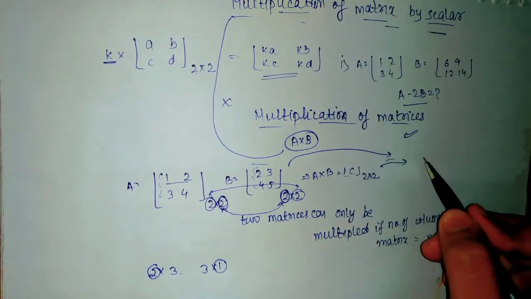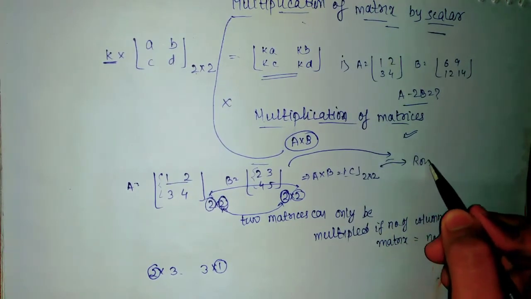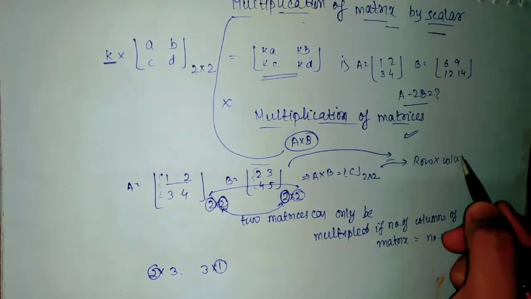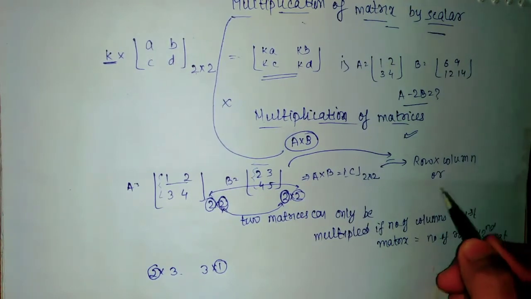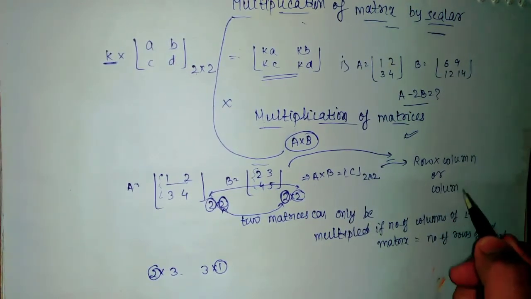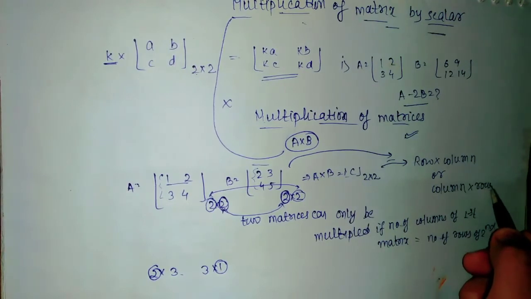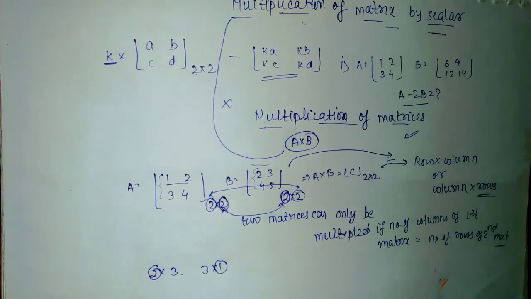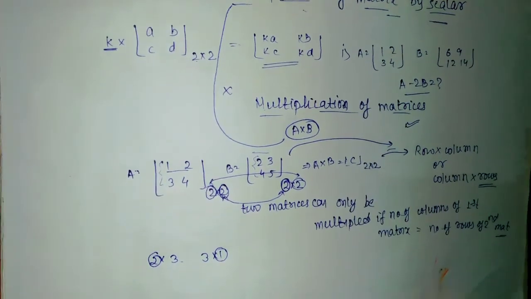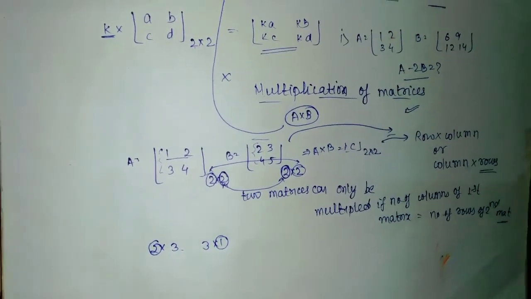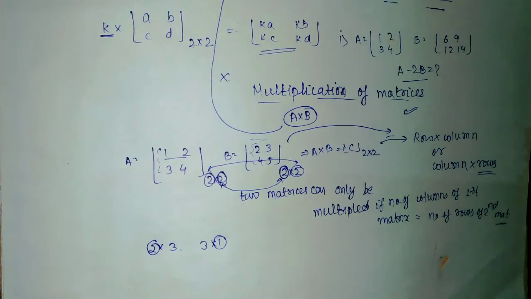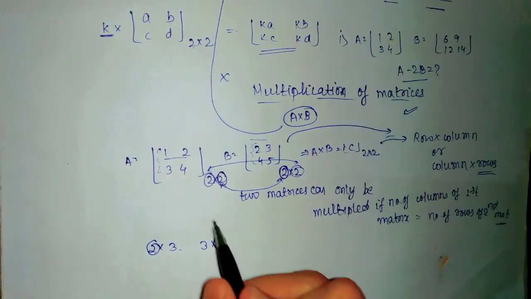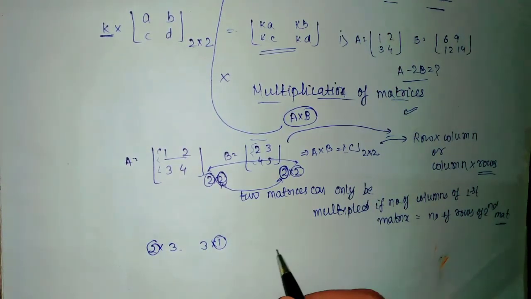Either a row gets multiplied to a column or a column gets multiplied to rows. Quite clear?